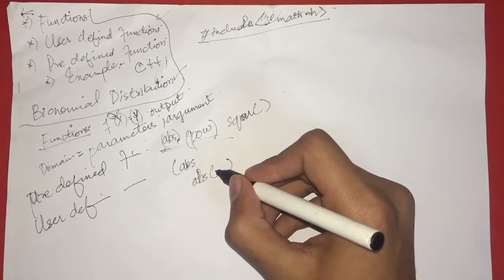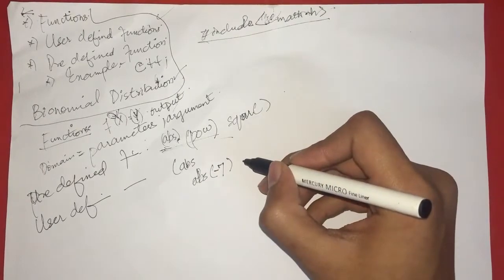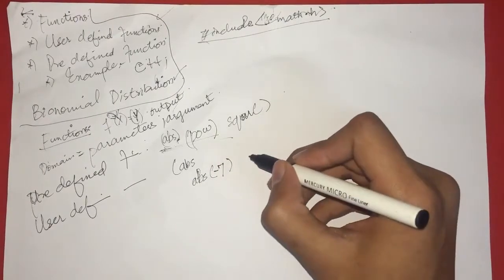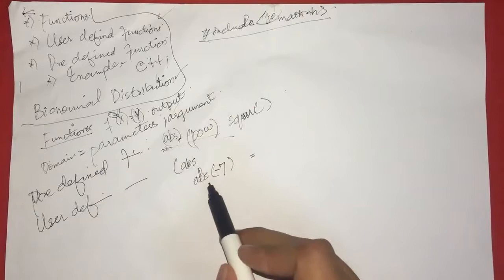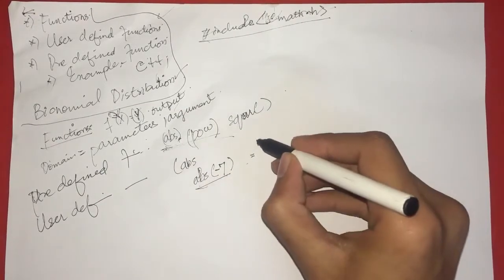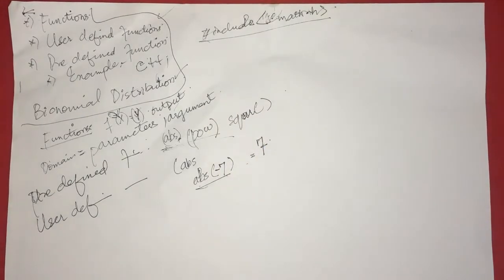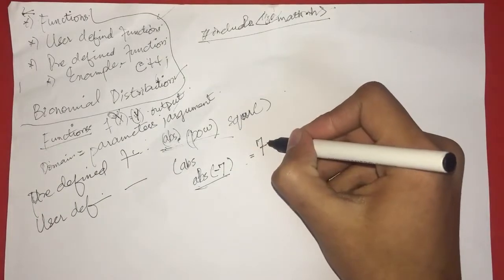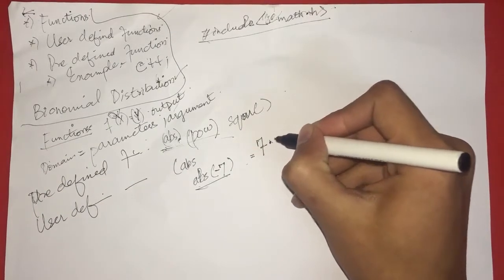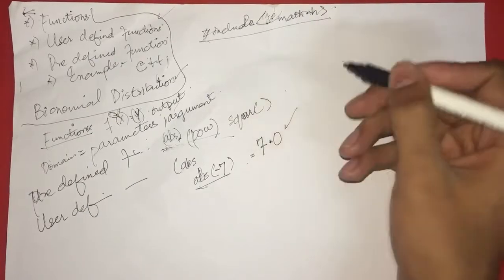You insert, for example, minus 7, and it will output the value 7. You can input either an int or a double, and it will provide you the output in either the int form or the double form. So this was int.